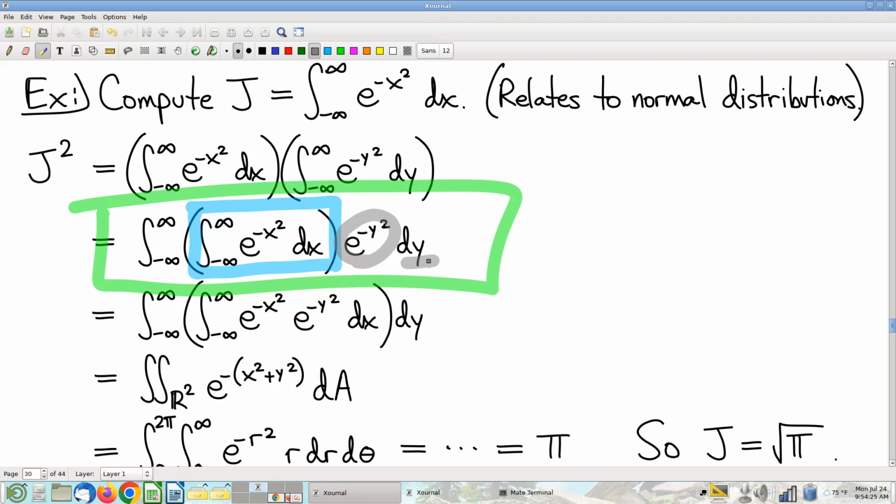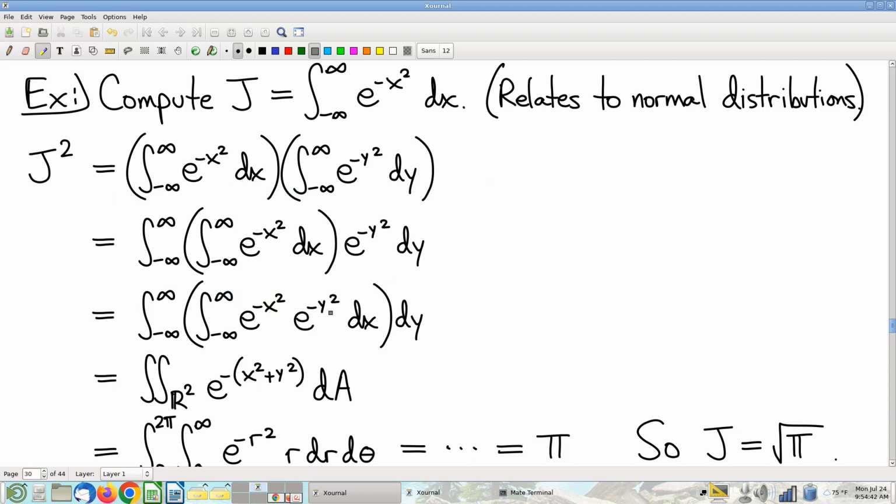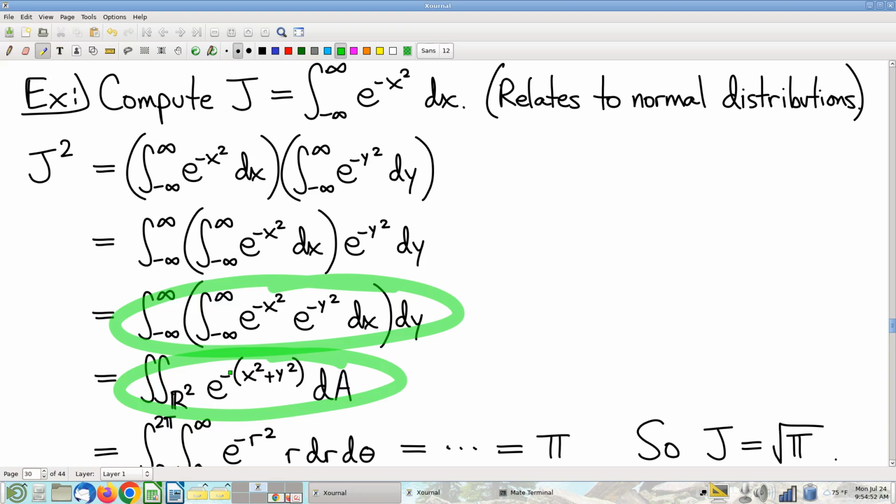So that means that e to the negative y squared is a constant, and constants, again, can just move in and out of integrals, no problem. It almost kind of feels like I'm breaking rules here, but I'm not. It's perfectly fine. And what we find then, the punchline is, if I'm interested in this integral right here, I can instead consider this integral right here, which I can just rewrite a little bit like so.